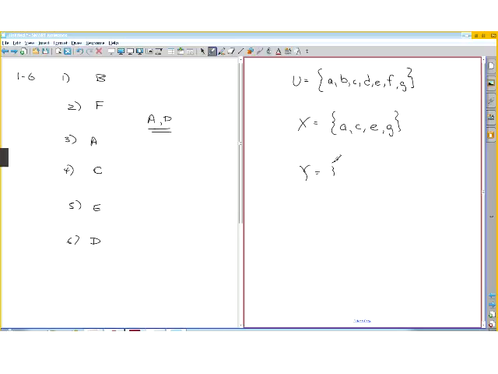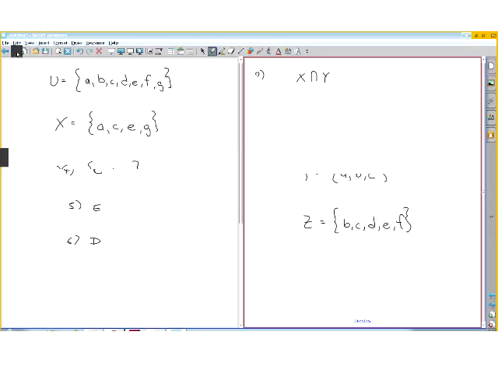And Y is also a subset, and so we draw the elements from the universal set. And likewise with Z, we have B, C, D, E, F, so we have everything in the middle. These are the first three, the odd ones 1, 3, 5, 7, and these are the middle ones.